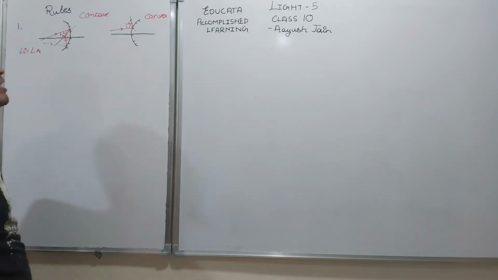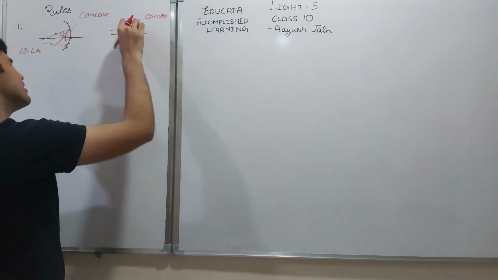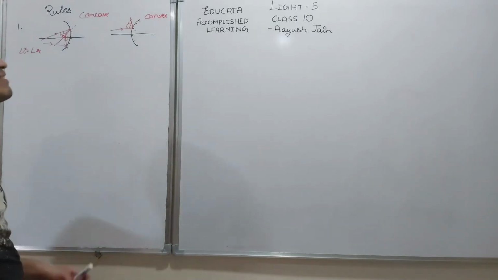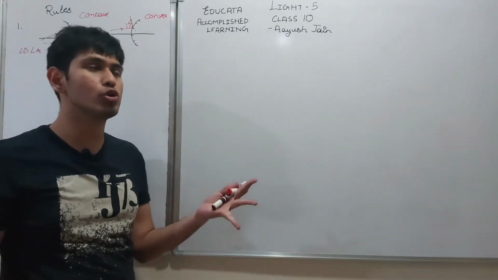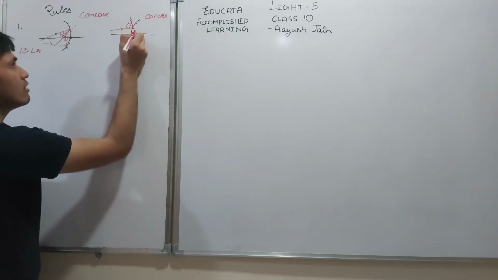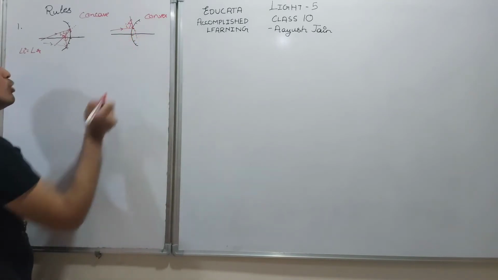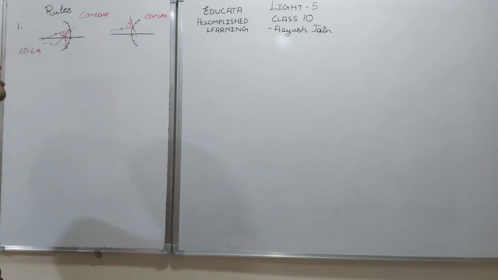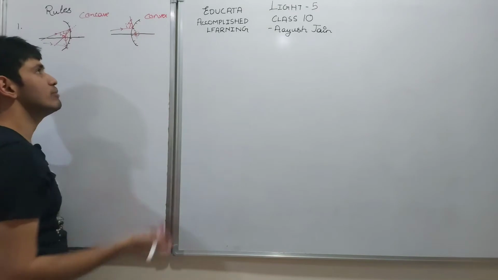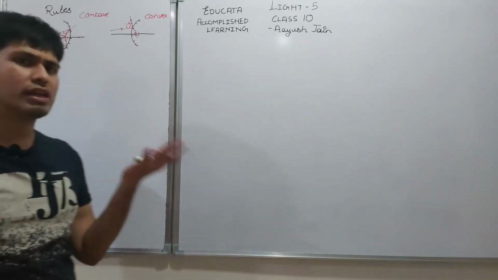Now see, this reflected ray will not meet the principal axis at any position. Now what to do? You have to just extend this line in the backward direction, and the point at which this line meets the principal axis, that is your image.